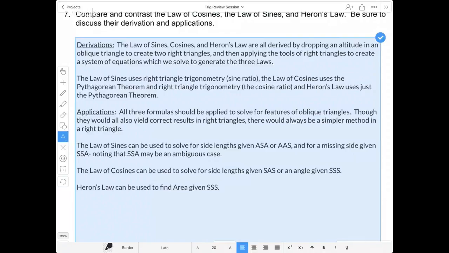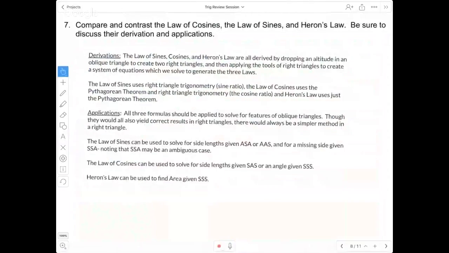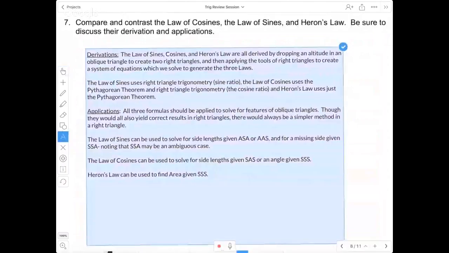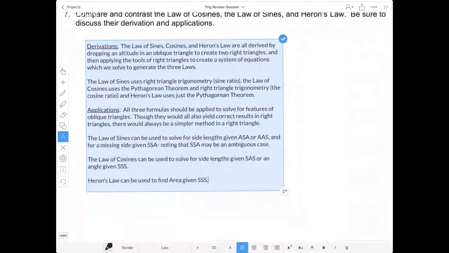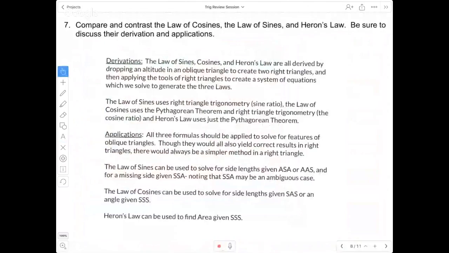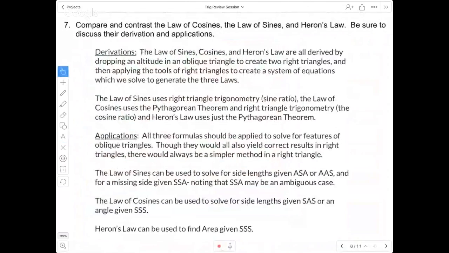Cool. Important things I missed? I think I talked about derivations and applications. There's some comparisons and some contrasts. That's pretty much what I got. So the red is compare.